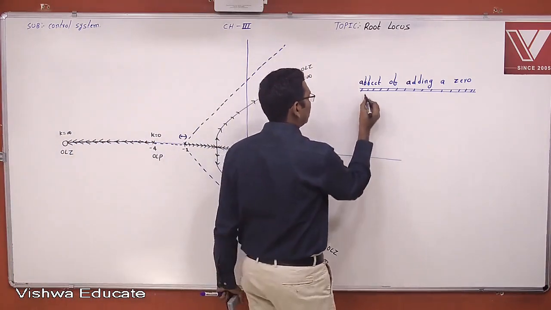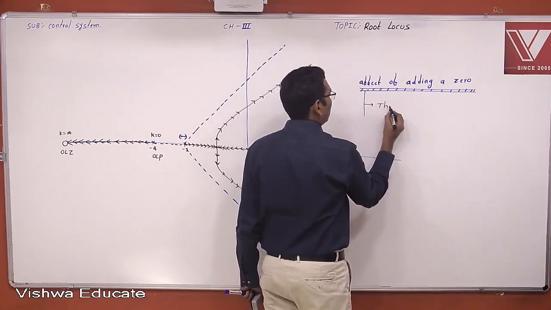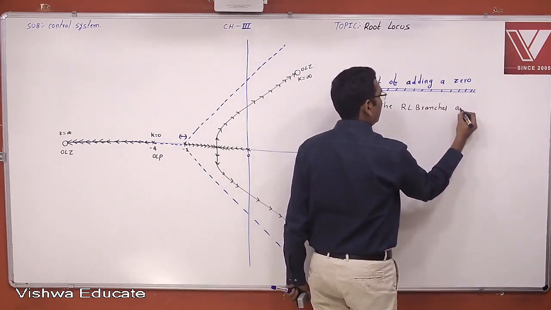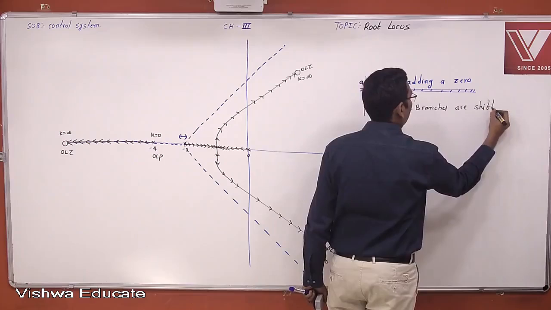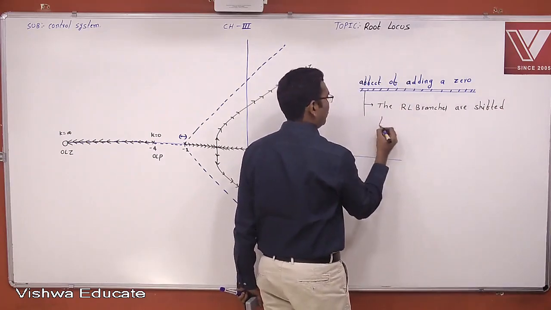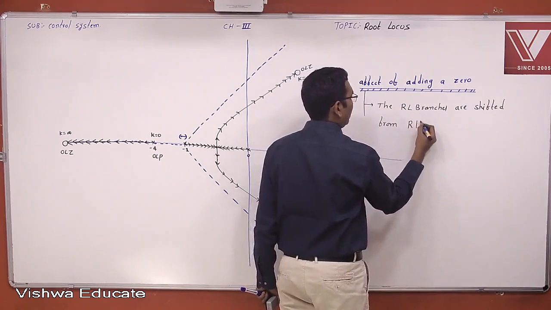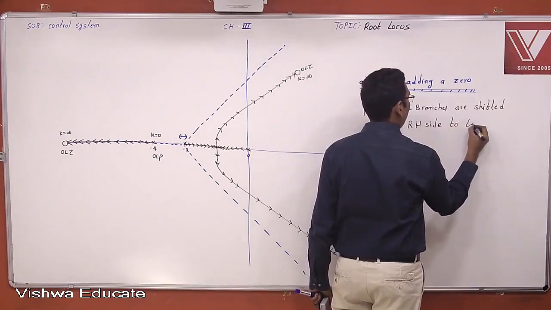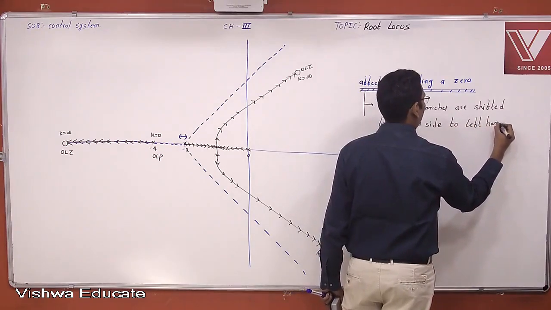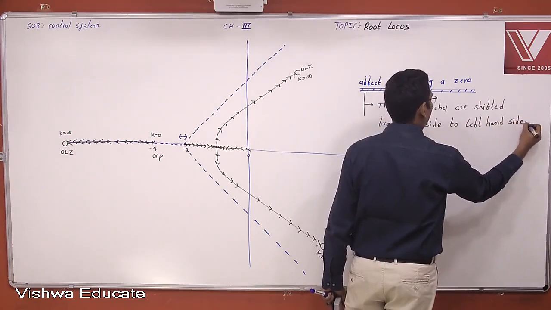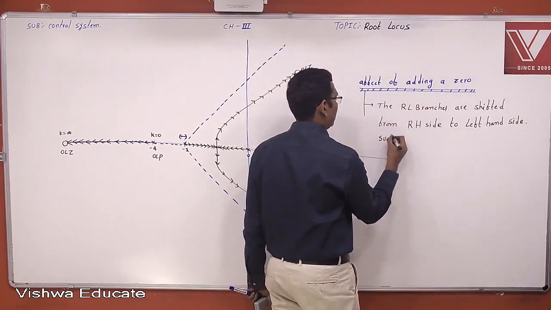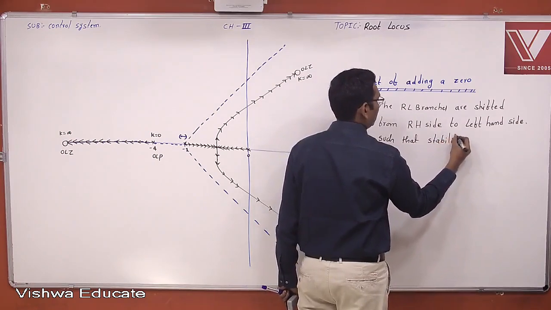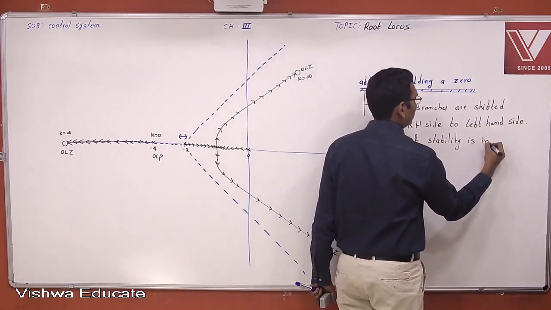The first point is the root locus branches are shifted from right hand side to left hand side such that stability is improved.